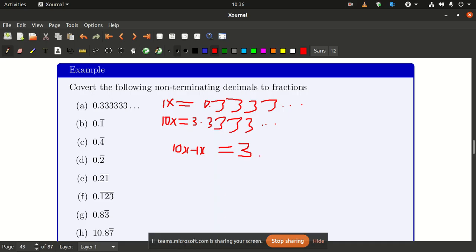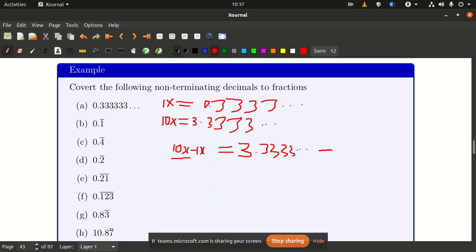So we have 10x. Remember, 10x is equal to this thing, 3.33. Let me remove that to remove confusion. So 10x is the same as 3.333333333, and then we have those 3 dots.